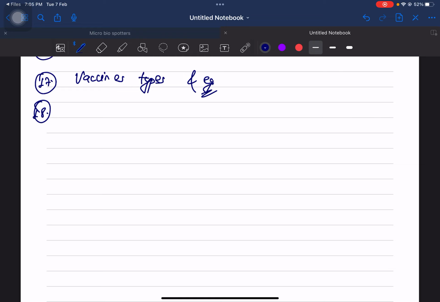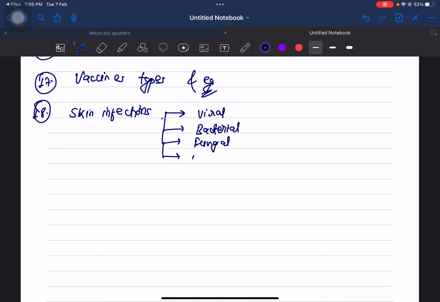What are the types of skin infections: viral, bacterial, fungal, and parasitic. You must know about these topics. These are very important. You must know the names of such infections, the pathogenesis, and the causative agent.